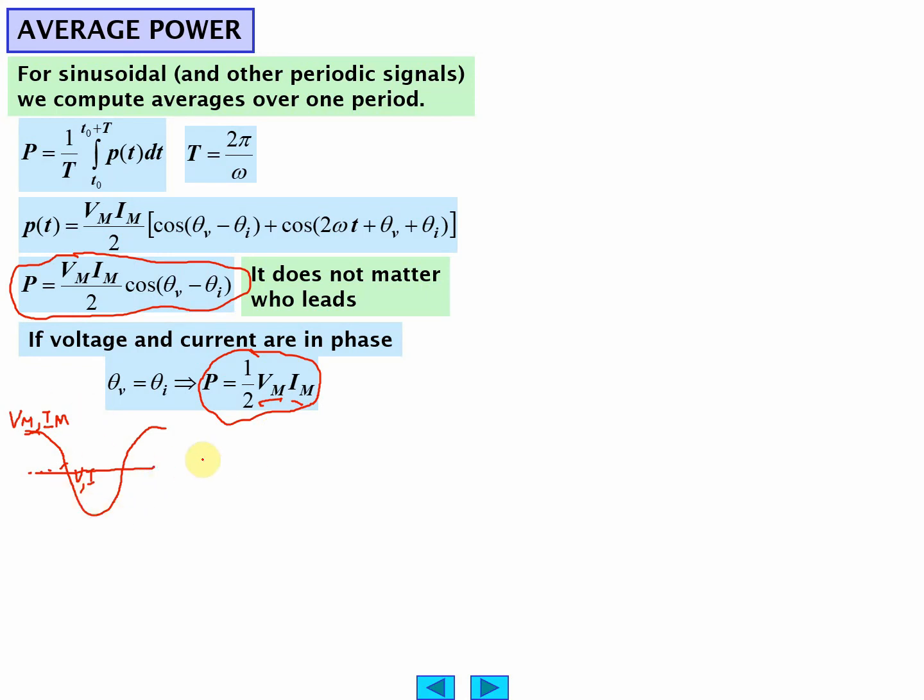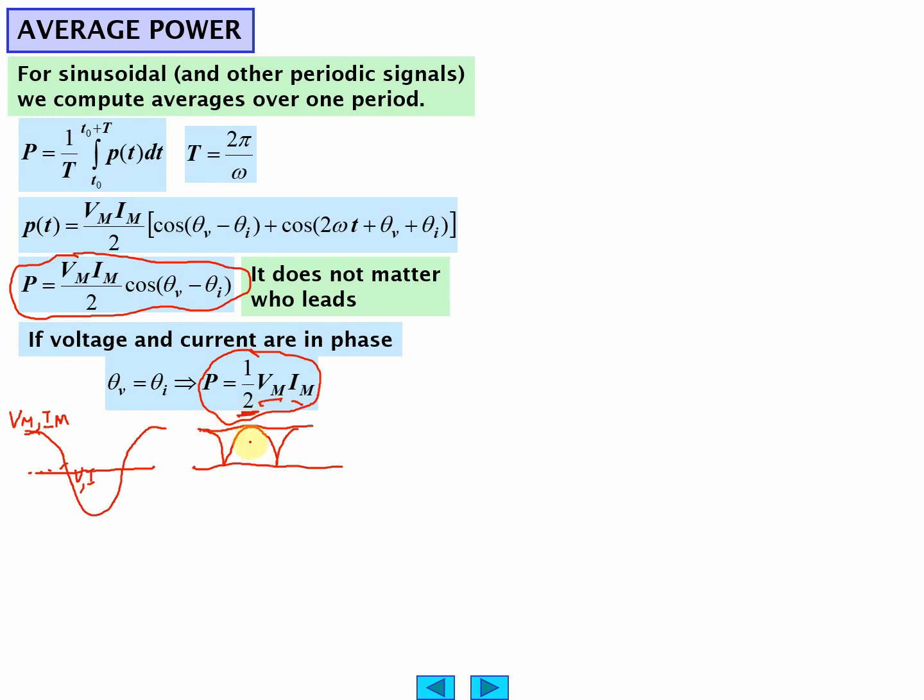When you multiply the two together, you get a waveform that looks like this, if they're in phase. So it turns out, from the mathematics of a sine wave, that you get this 1/2 factor.